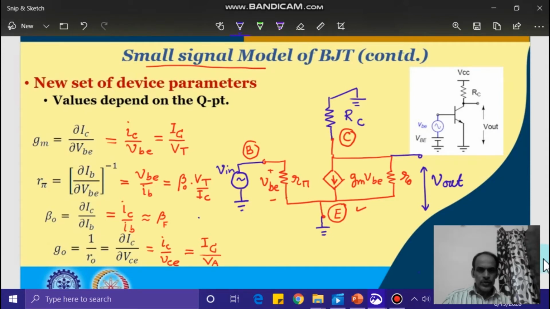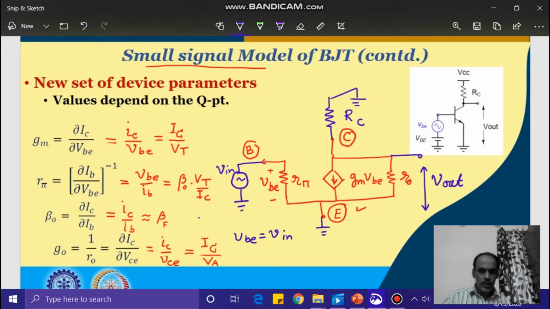If we analyze this simple circuit, we can find the expression of Vout in terms of Vin. Incidentally, the VBE of this circuit is equal to Vin.